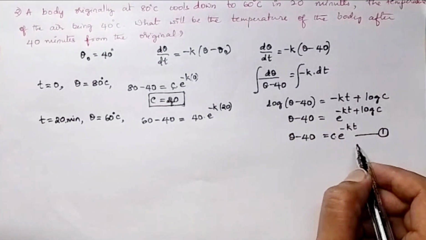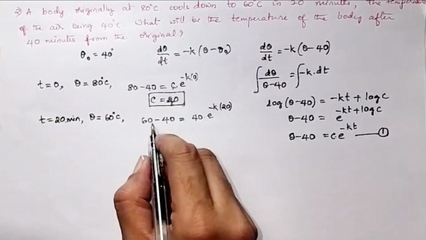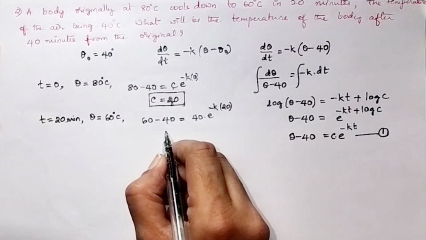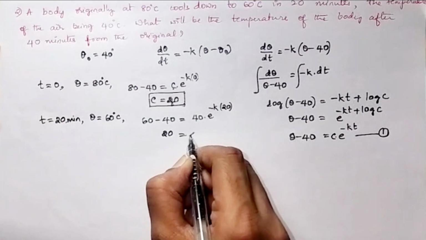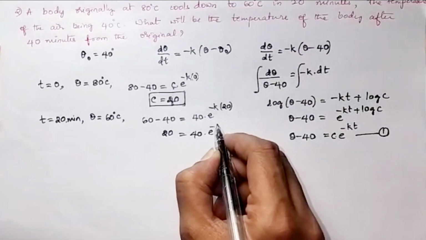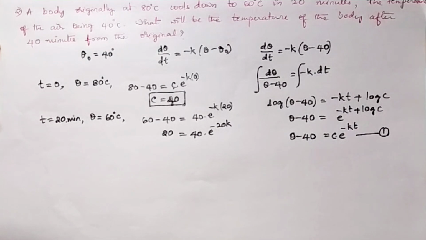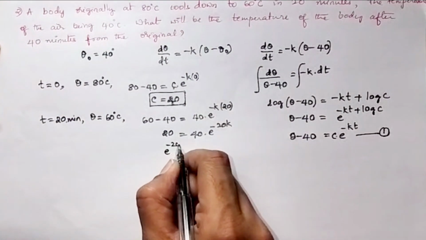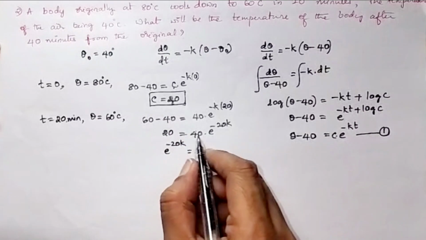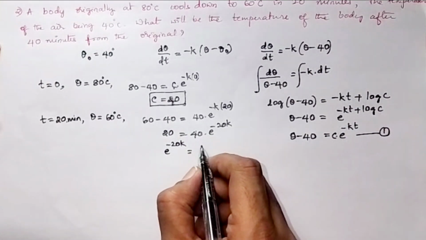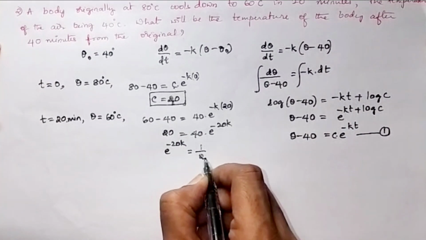So this gives you 60 minus 40, which is 20, is equal to 40 into e power minus 20k. So that gives you e power minus 20k is equal to 20 by 40, the 0 cancels, so 2 by 4 is 1 by 2.